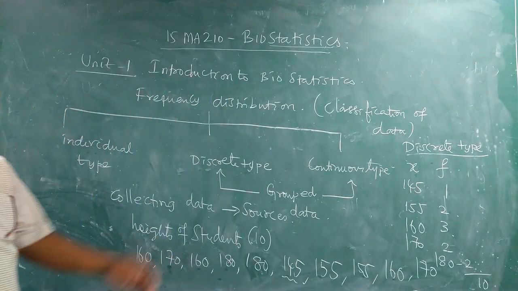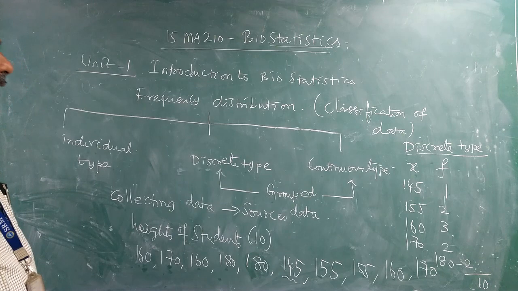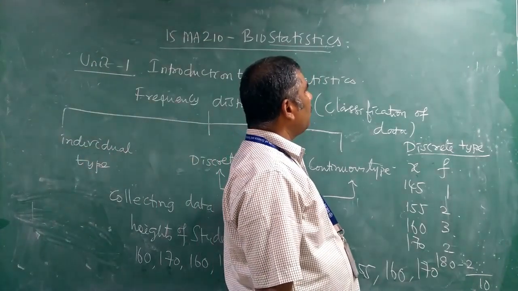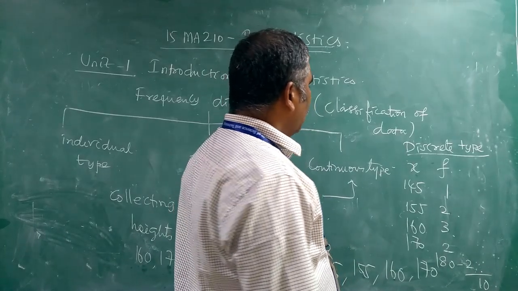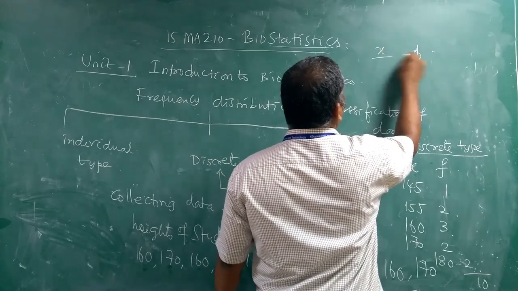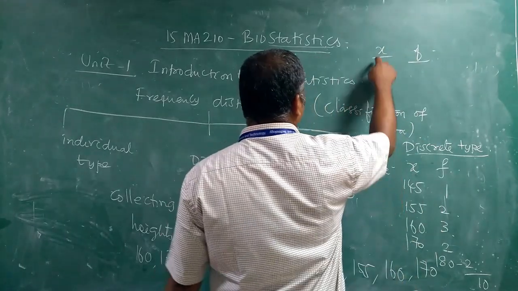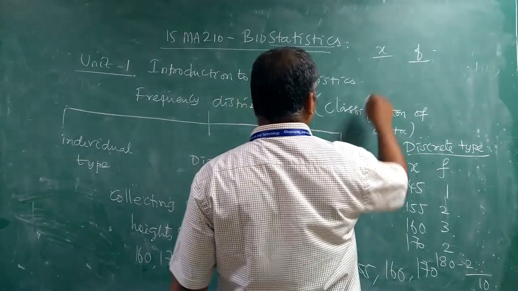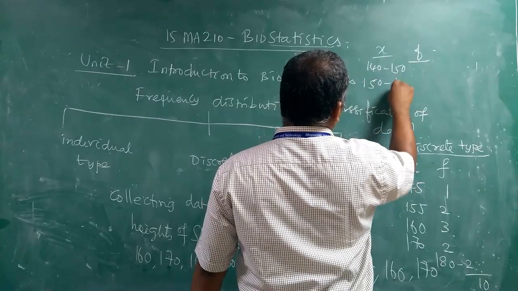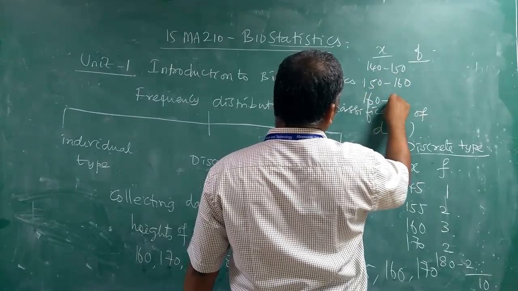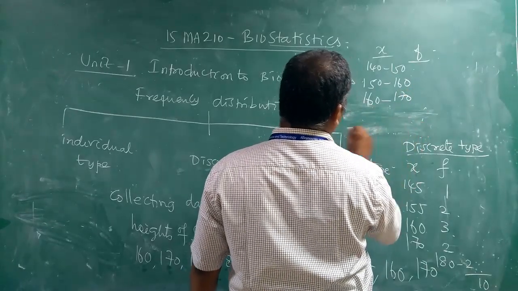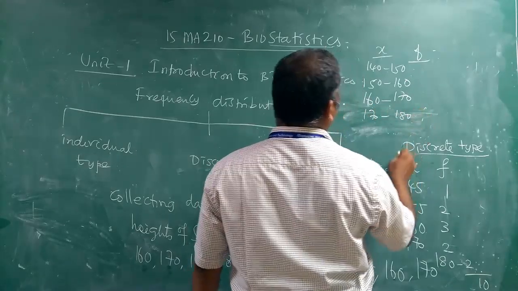Then how can you convert it into continuous type data? The data which lies within an interval is known as continuous type data. How can we write that? X and F are the same, but X is written as intervals: 140 to 150, 150 to 160, 160 to 170, 170 to 180.